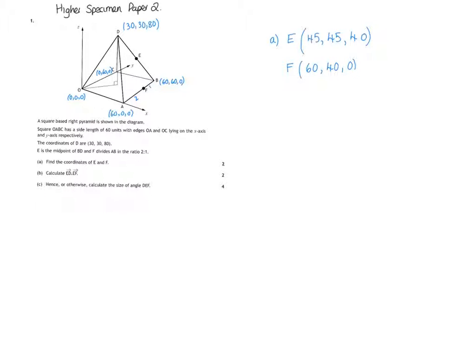Okay, so part B. We need to calculate ED, and then it's a dot product with EF. So we need to find those vectors first.